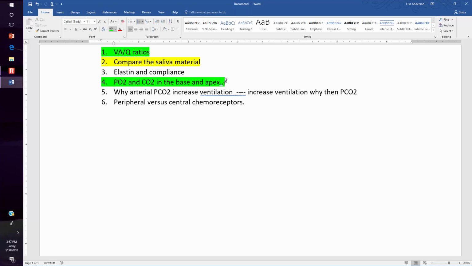The apex has low hydrostatic pressure. And the base has high hydrostatic pressure.